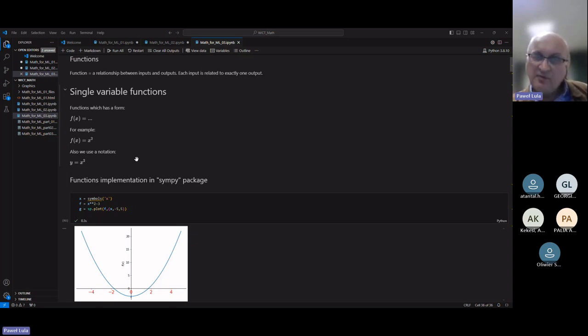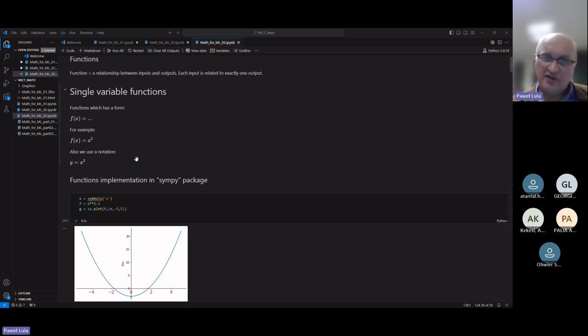Of course, now I'm thinking about mathematical functions, because we know that in Python we can define functions which describe operations which we are going to perform during program realization.